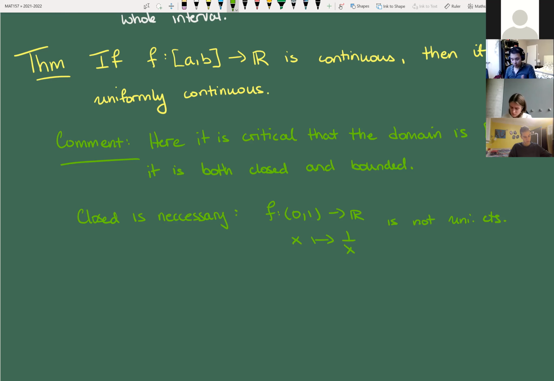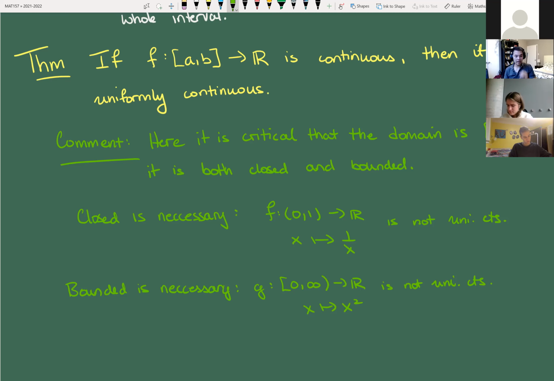And the bounded condition is critical, otherwise x squared, right? So both of these conditions are necessary. I feel like there might only be one C, but whatever. Right?